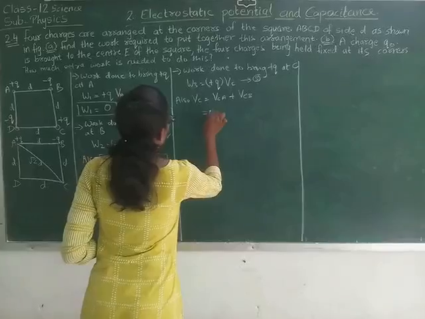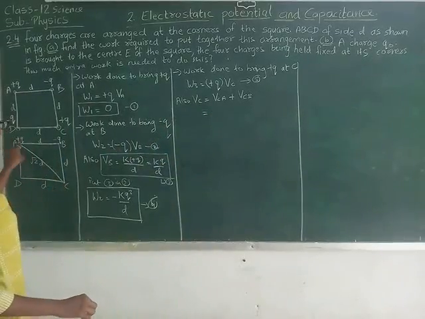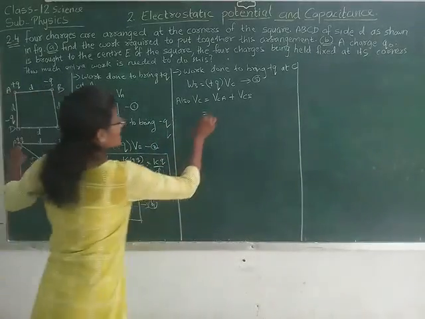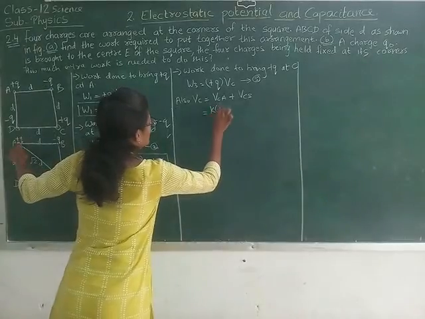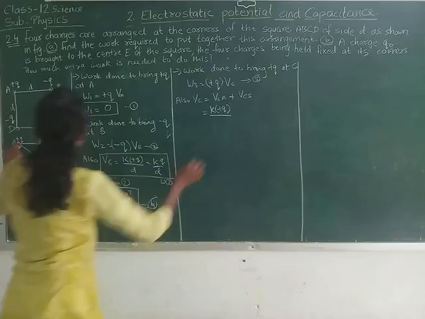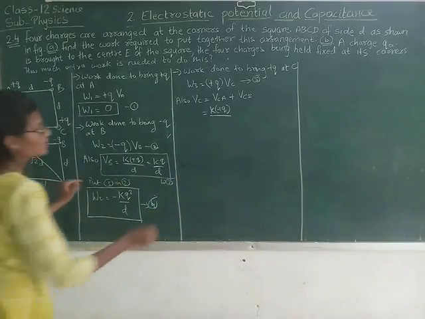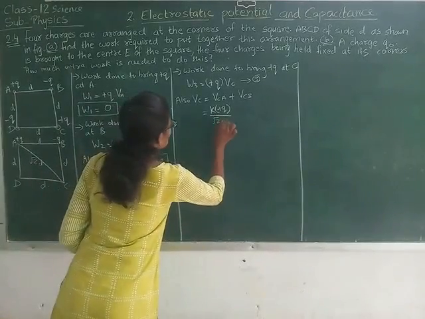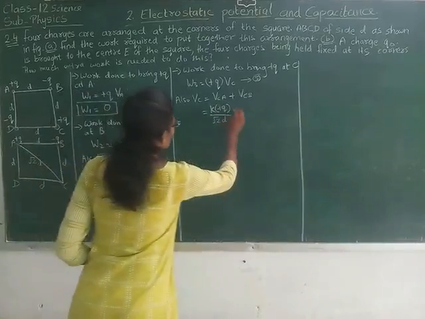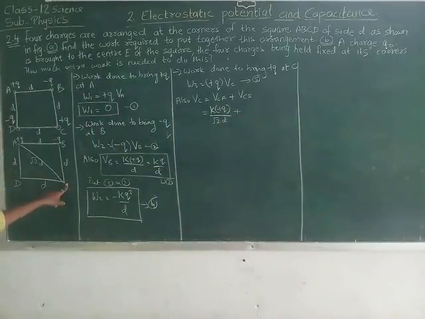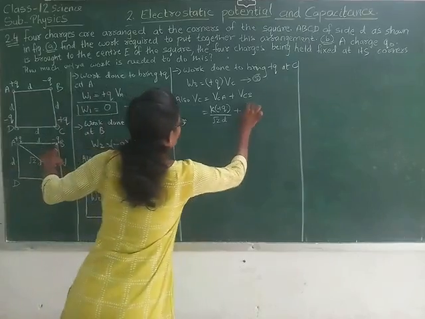So potential at C due to A, where we are having plus q charge, K into plus q upon distance between A and C, that is root 2D, plus potential at C due to B, charge on B. So that will be what?